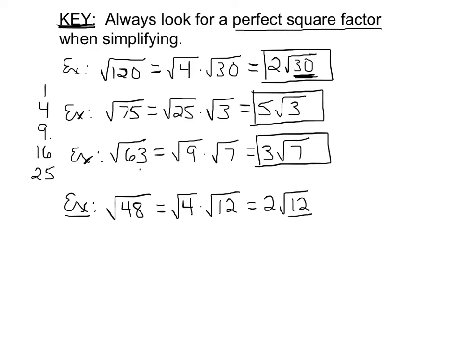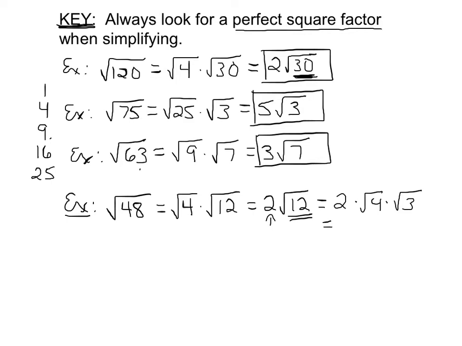Now I need to look at this 12 and ask myself, is that as simplified as it can get? And you should be saying, no, it's not, because 4 will again divide the 12. So I would need to rewrite the 12. Now notice I already have a 2 here, so don't forget that. So this is going to become 2 times the square root of 4 times the square root of 3.